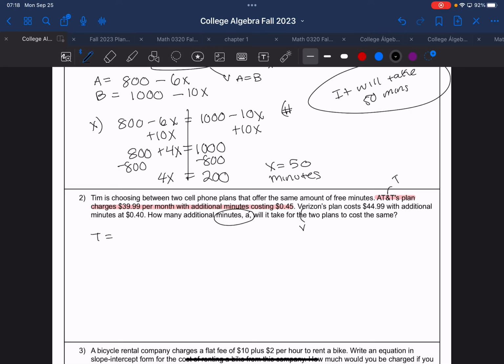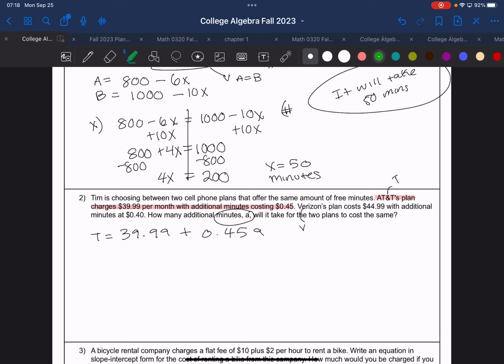The minutes. So that means that $39.99 is just going to be as is. It's not going to have a variable attached to it. So with additional would be what operation? Addition. And then it says 45 cents per minute. So 0.45, and then what's our variable for minutes? A. So that's our first equation.